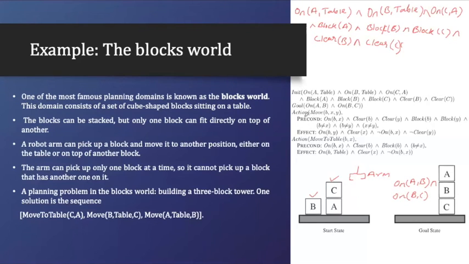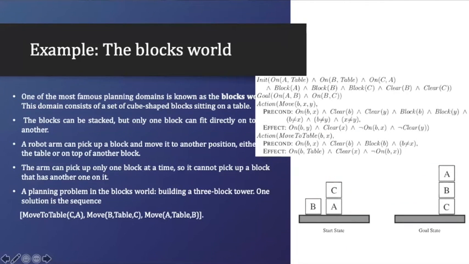What are the actions we have? We have two actions: Move and MoveToTable. The first action is Move(b, x, y). We have the start state, which is called the initial state, and we have the goal state.